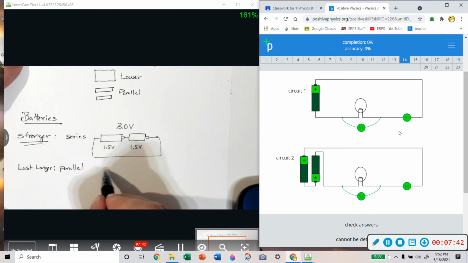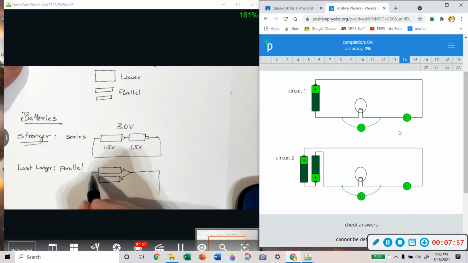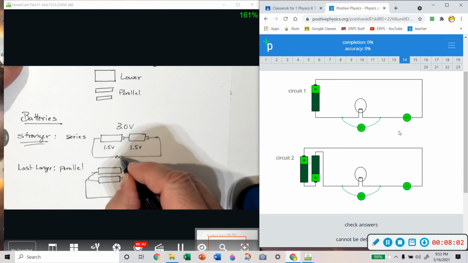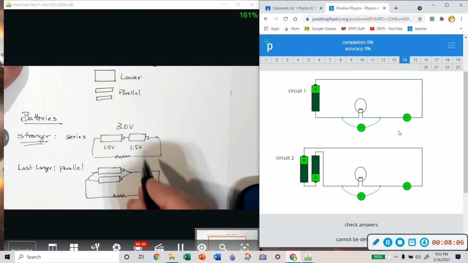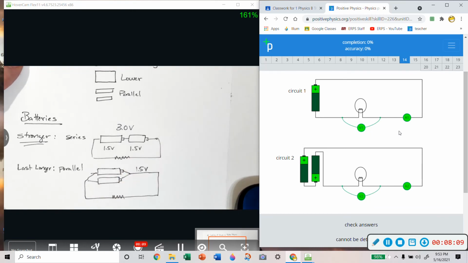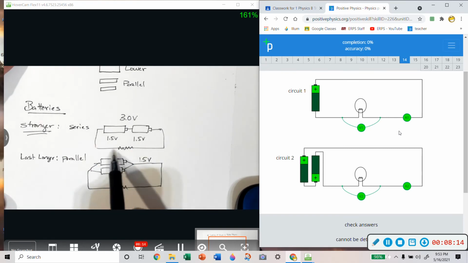So if I took a pair of batteries, a 1.5 volt battery and another 1.5 volt battery, and hooked them together and ran them around a circuit with a resistor somewhere in there, then the voltage going around would be 1.5 volts, but it would last much longer than this one would. This one would push faster, but then it'd be used up quickly.